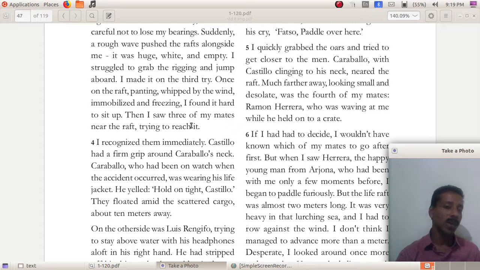And what were they trying to? They also were trying to reach the raft. On the other side was Louis Rengifo, trying to stay above water with his headphones aloft in his right hand. So the third one, Rengifo, it is mentioned.